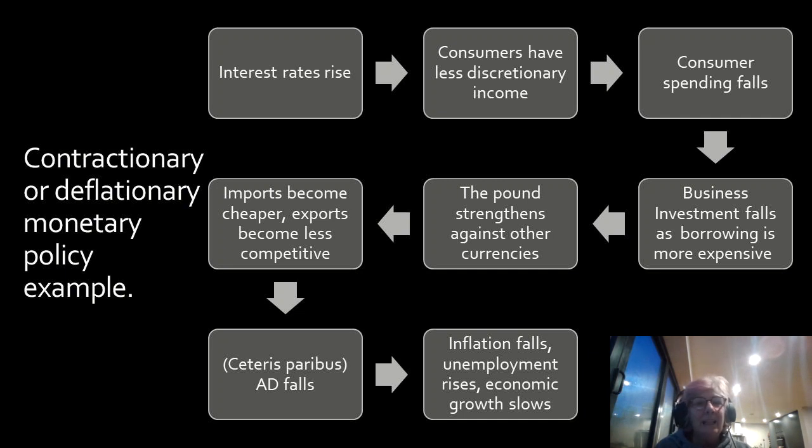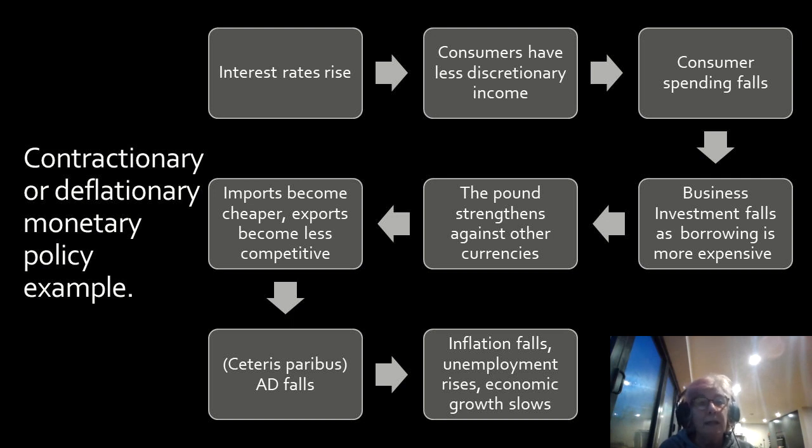Same thing again, slightly different way of looking at it. This time we're looking at deflationary or contractionary monetary policy. So, in this example, interest rates rise. Now don't forget, governments could also here make it more difficult for businesses to borrow money.